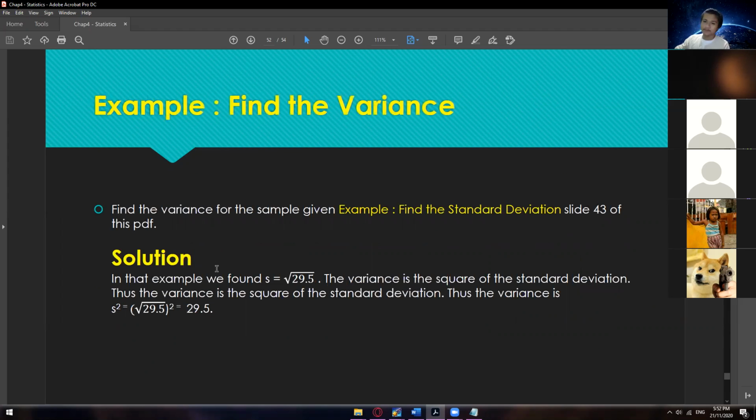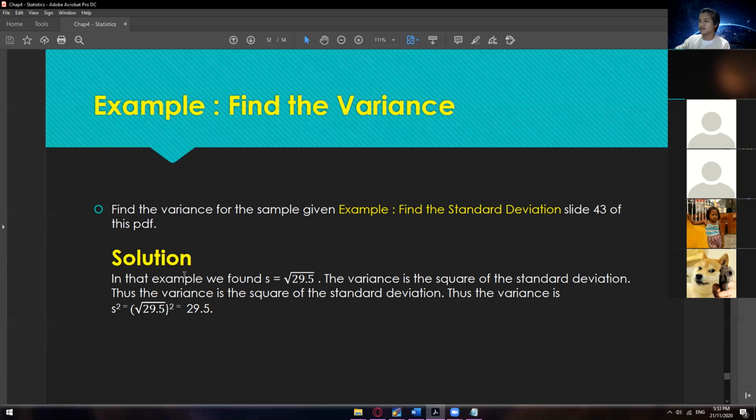One tip here is you don't actually need to show the solution for the variance if I'm not asking you. From step 1 to step 5, you already have your variance in there, which is step number 4. The standard deviation is step number 5, and the variance is step number 4.